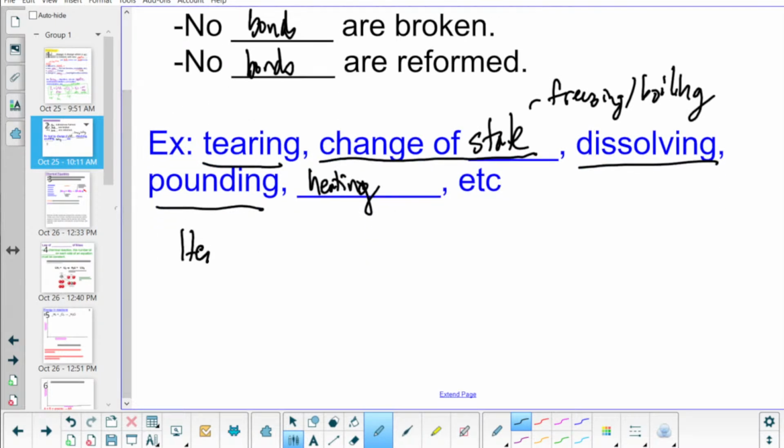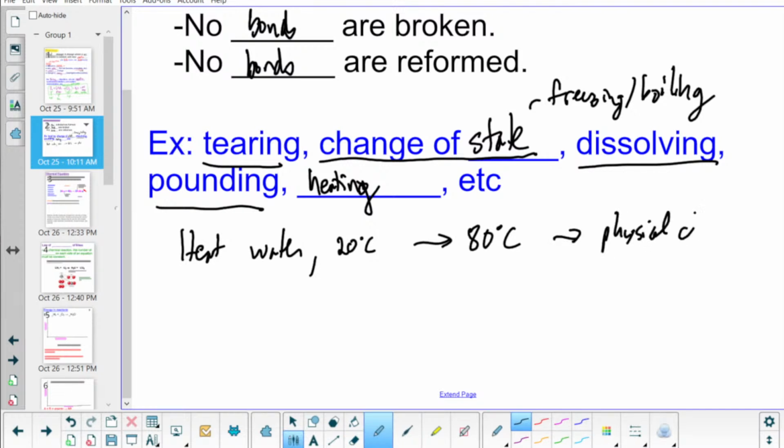If you heat water, what's room temperature? 20 degrees Celsius, to 80 degrees Celsius. Physical change.